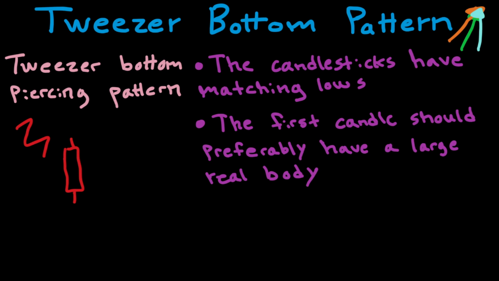It might look something like this, maybe with some shadows as well. The important thing about the piercing pattern is that we want the real body of the green candle to pass the 50% mark of the red candle's real body. And what makes this one a tweezer bottom is that the lows are at around the same level, almost the exact same level.